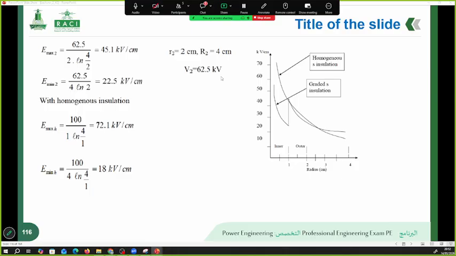However, when homogeneous insulation is used with a higher voltage of 100 kilovolt, the electric field becomes highly non-uniform, reaching a much higher maximum value of 72.1 kilovolt per centimeter near the conductor, and dropping significantly to 18 kilovolt per centimeter at the outer surface.